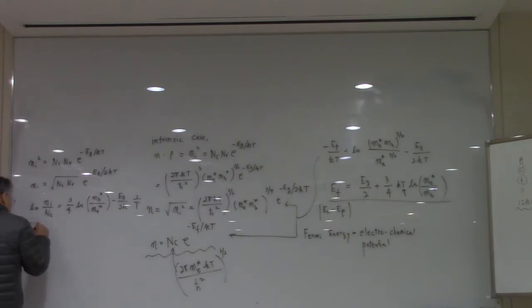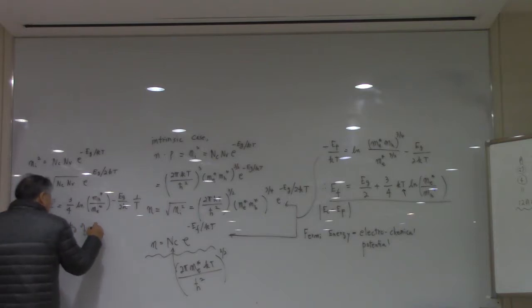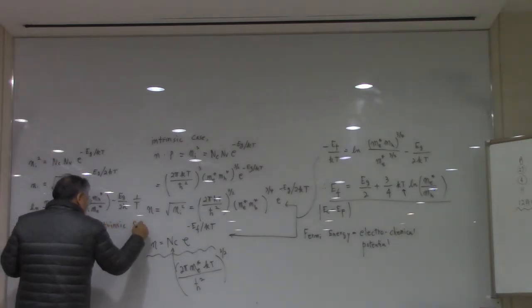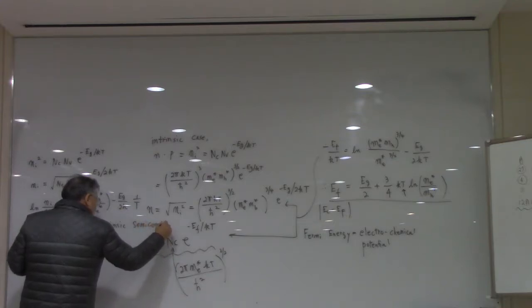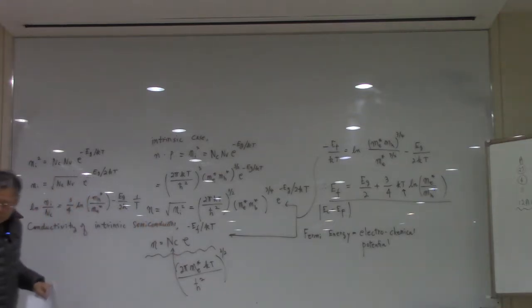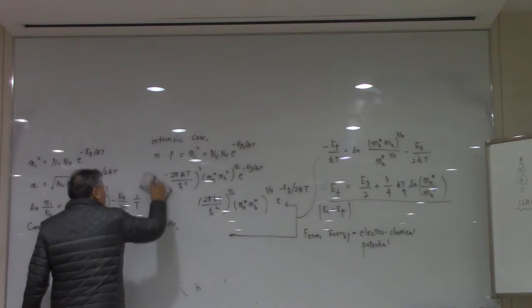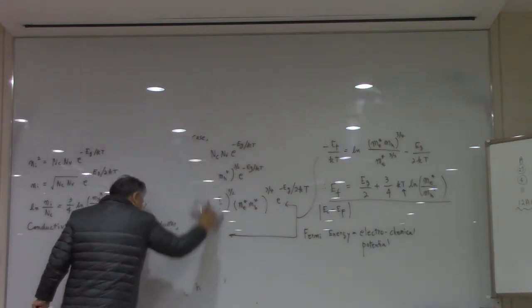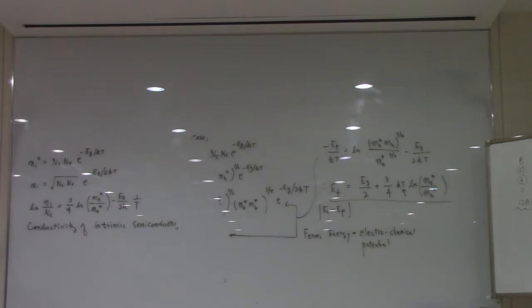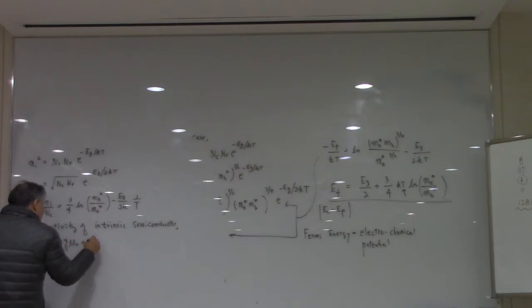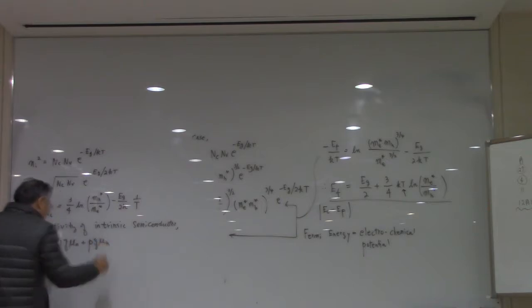And the conductivity of an intrinsic semiconductor, sigma, is n q mu n plus p q mu p.